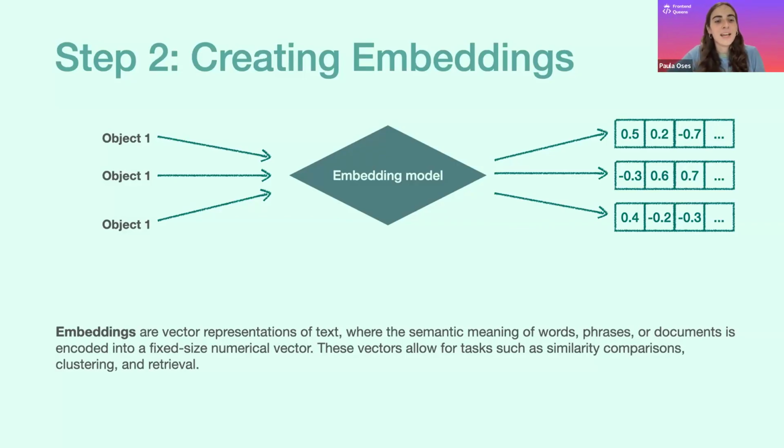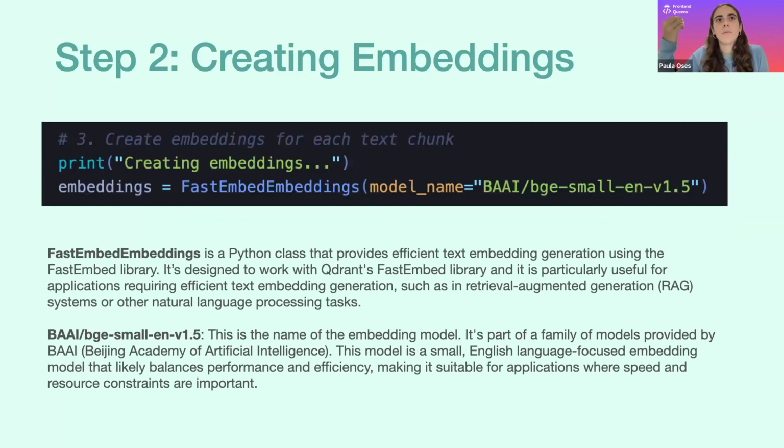There are different models, and they are trained on different data sets. Depending on the data set it is trained on, it's going to create one type of vector or another. In this case, I used the BGE Small model, created by the Beijing Academy of Artificial Intelligence. It is a very tiny model, but it's trained on the English language. Since my documents are in English, it was good enough.